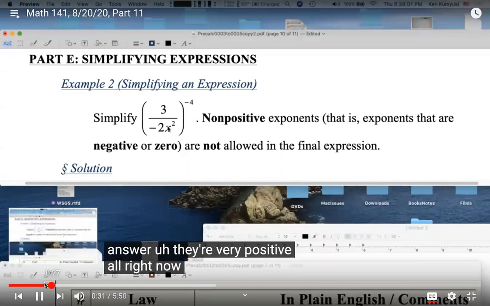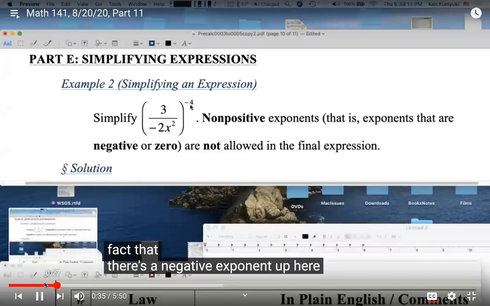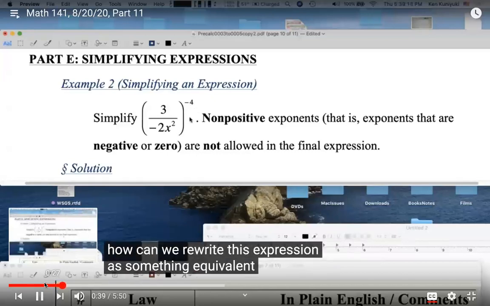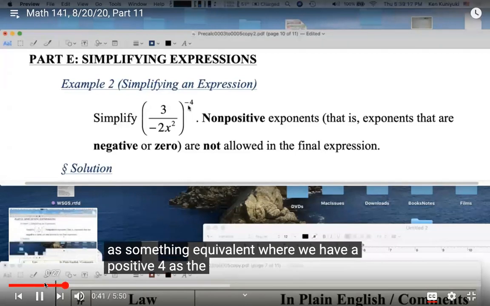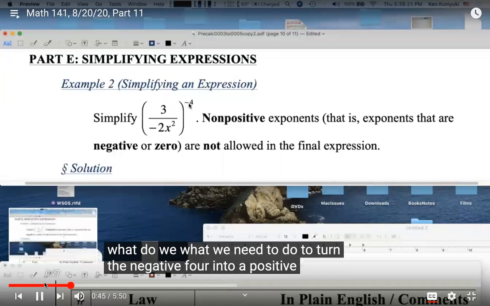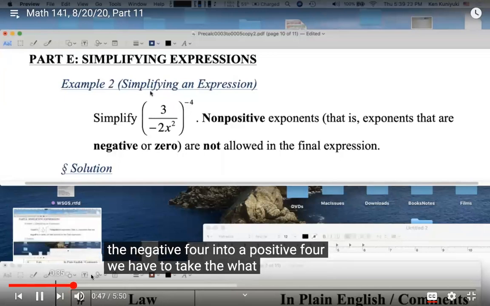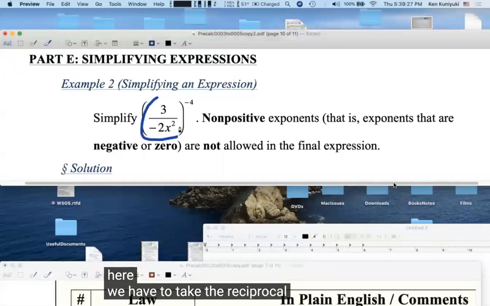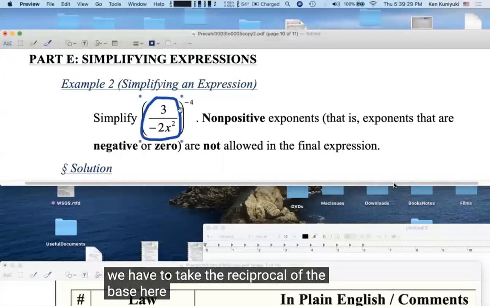All right. Now, first off, I don't like the fact that there's a negative exponent up here. So how can we rewrite this expression as something equivalent where we have a positive 4 as the exponent? What do we need to do to turn the negative 4 into a positive 4? We have to take the reciprocal of the base here.